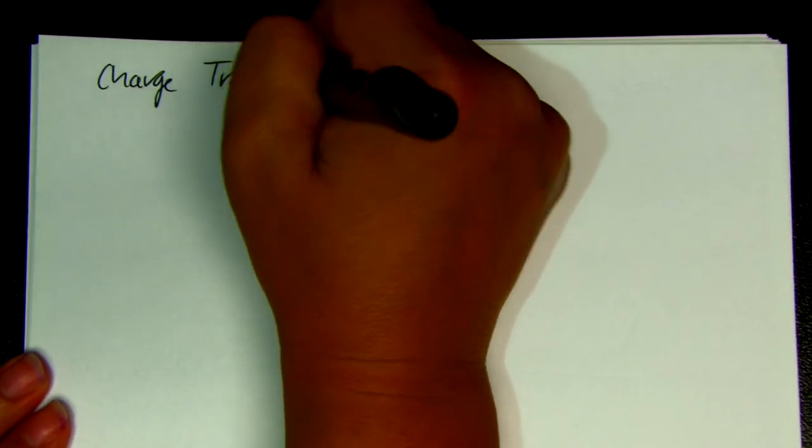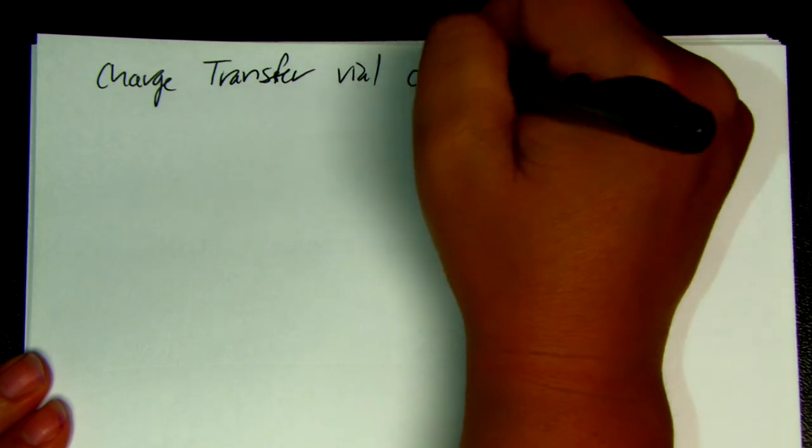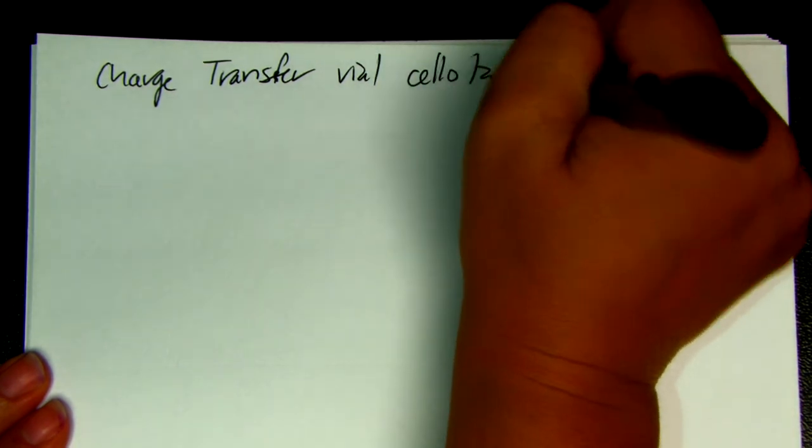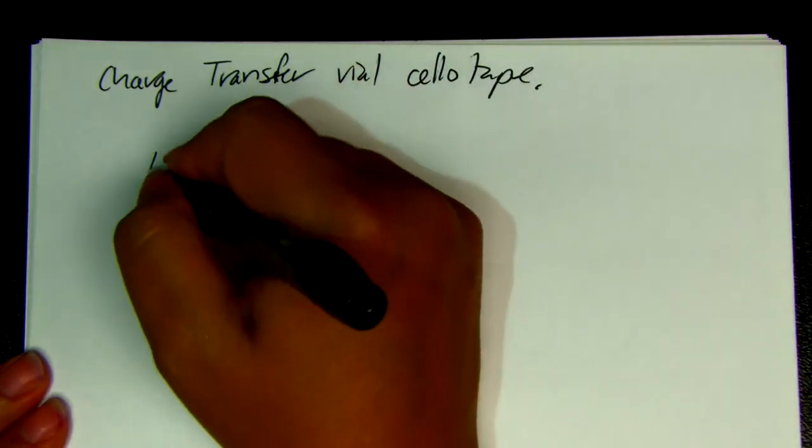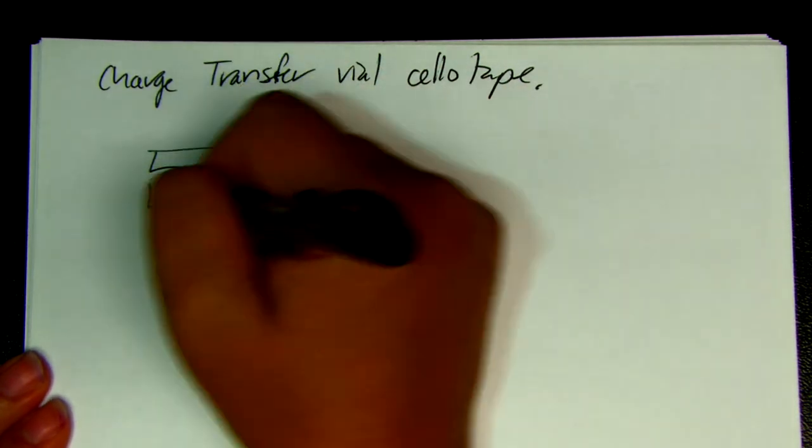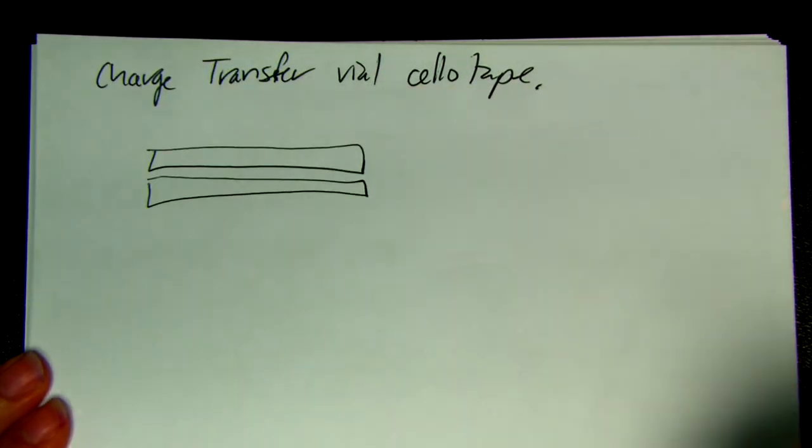Okay, so in your lab, you're going to be doing a project where you do charge transfer via sellotape. Essentially, you put two pieces of tape together and you pull them apart.